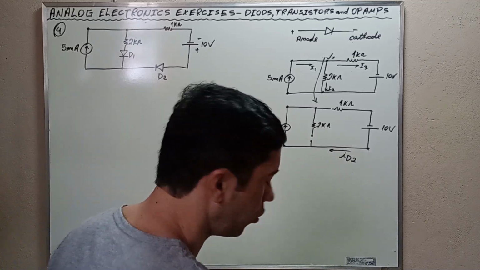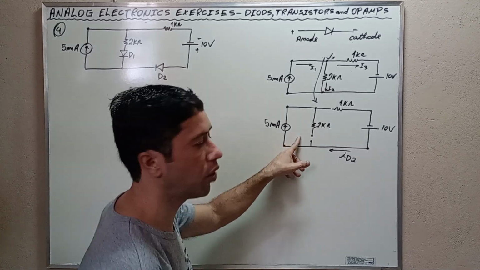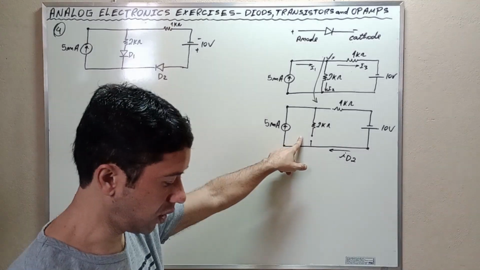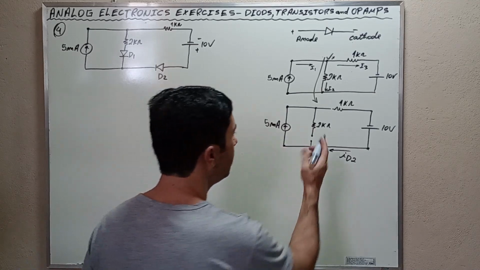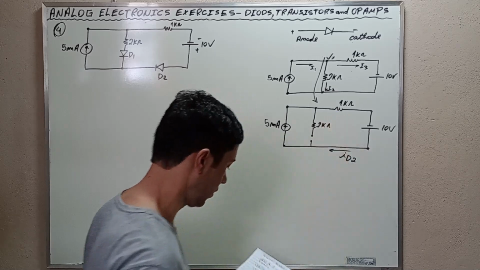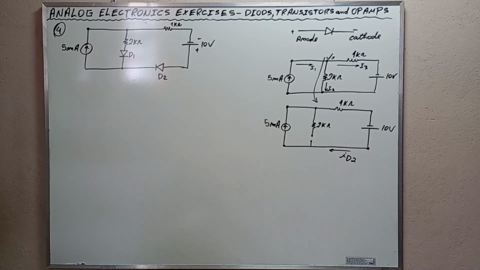Now let's suppose that D1 is off here. Okay, this is going to be the equivalent circuit in which D1 is off. Let's suppose that D1 is off and D2 is on.